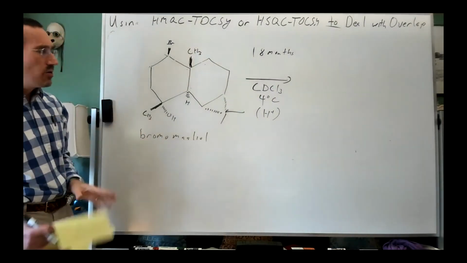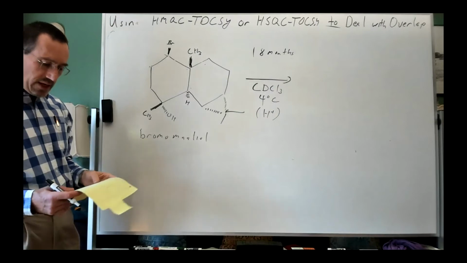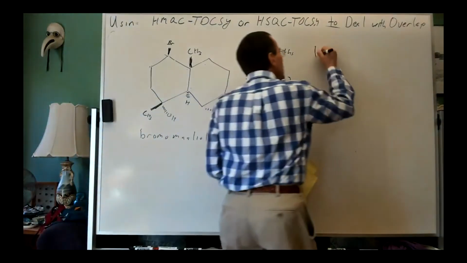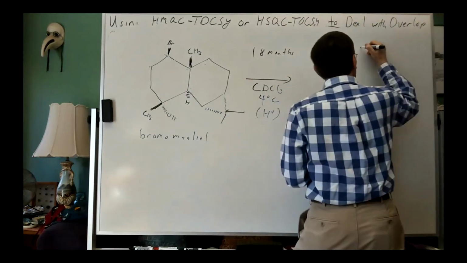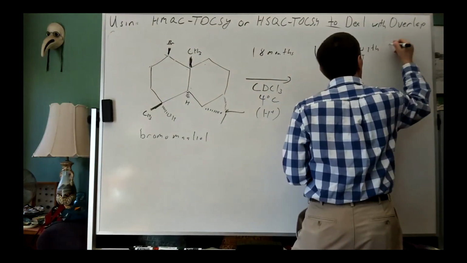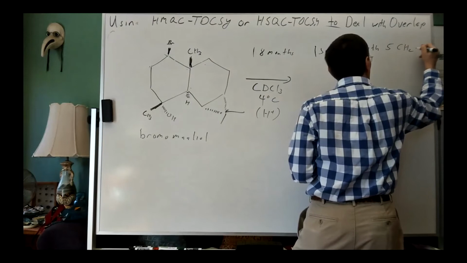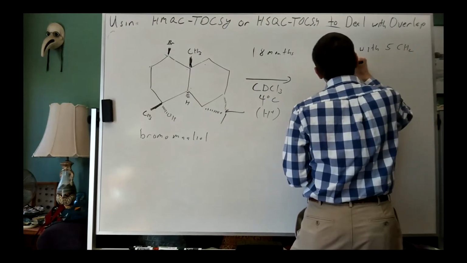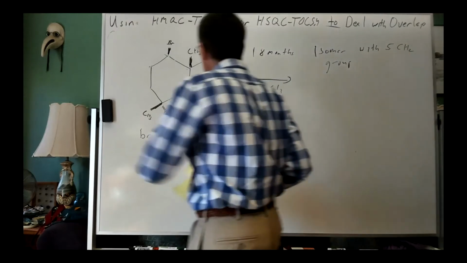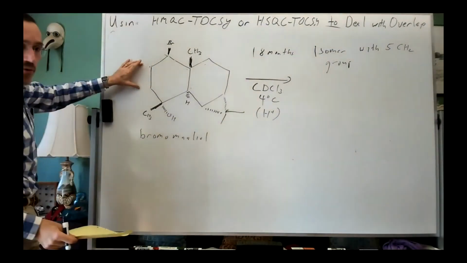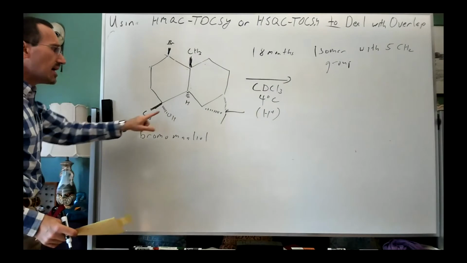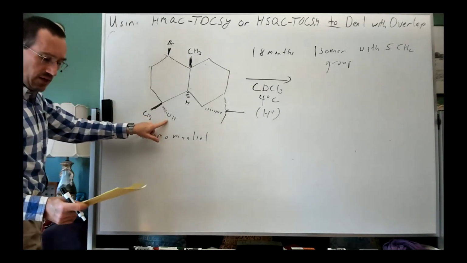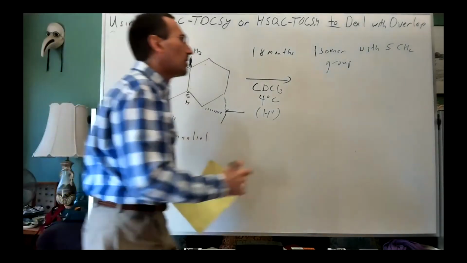And this molecule underwent isomerization to an isomer with 5 CH2 groups. And you notice that the original molecule only had 4 CH2 groups. So its structure has changed a lot. It has an oxygen, but no alcohol.